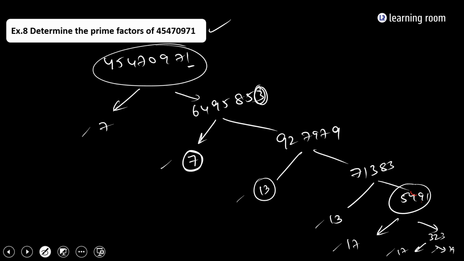No, it is 91 only. Yeah, it is 5491. Okay. So what are you going to get? Don't worry, they will not ask you this stuff. The problem came out to be tough. Okay, 7 square into 13 square into 17 square into 19. Right? This is how you're going to get. Okay.